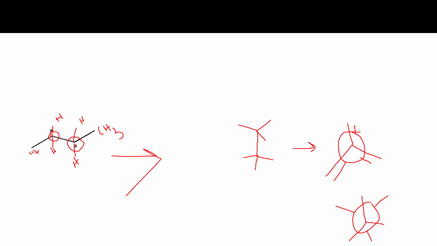So if someone wants to draw this Newman projection from these two points, starting from this side, one methyl group is up and two hydrogens are down, and the lower one has one methyl down and two hydrogens up.